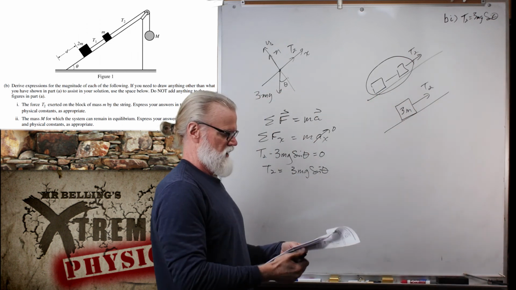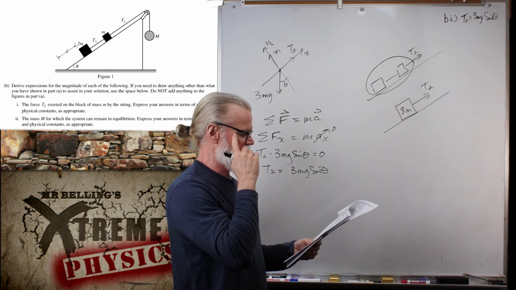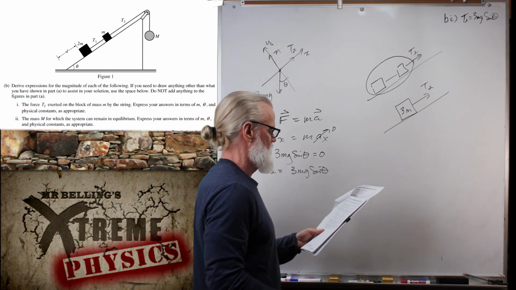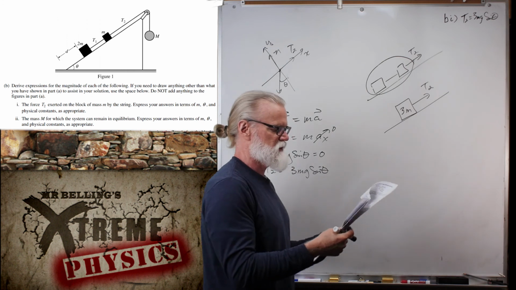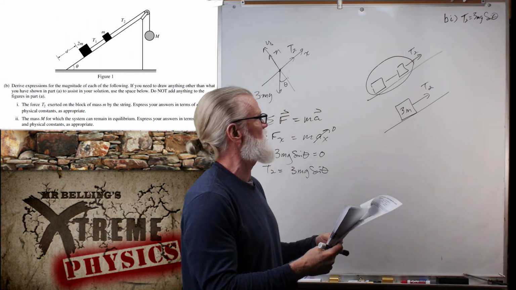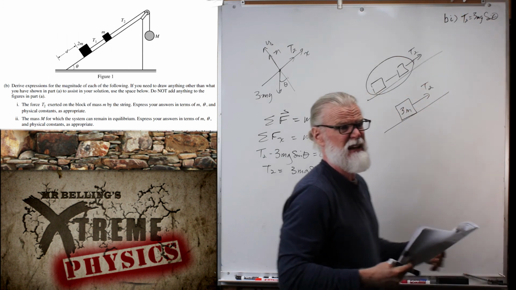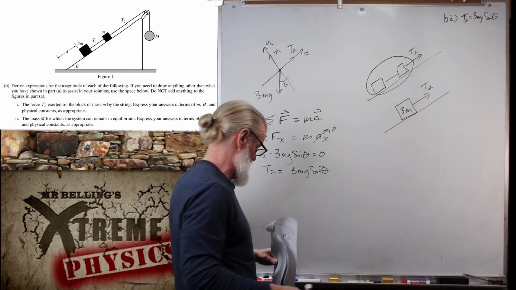I don't know. All right, now find the mass M for which the system remains in equilibrium. Express your answer in terms of m, theta, and physical constants. m, theta, physical constants, and 3 is a constant, I think.